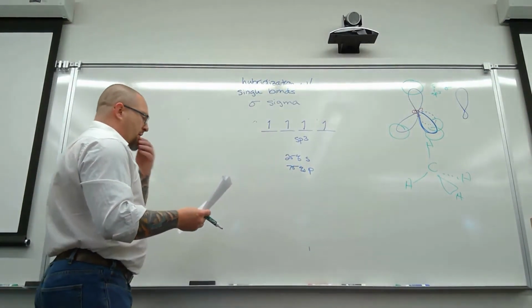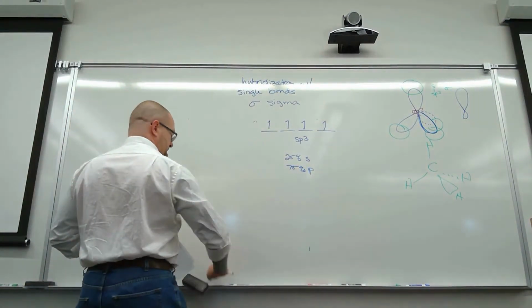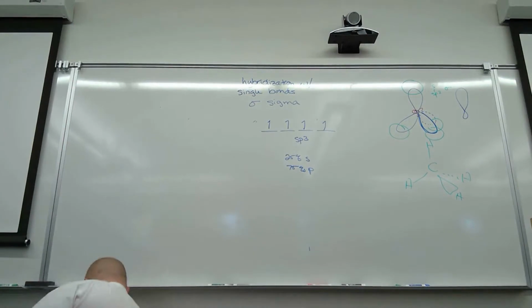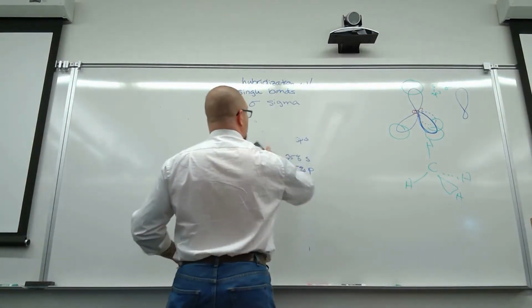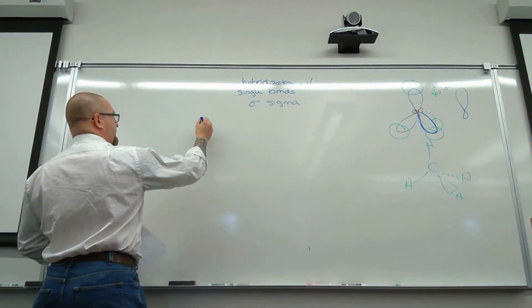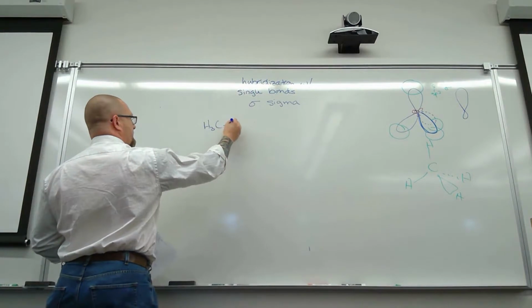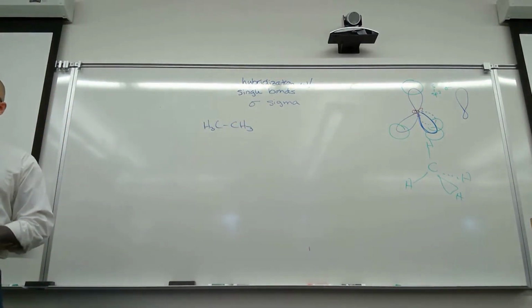Now, for ethane, ethane is just a pair of carbons that are saturated with 3 hydrogens apiece.